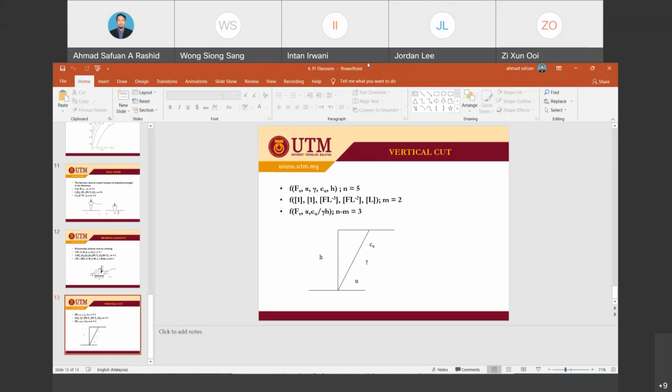Now we have software, so it is easy to carry out a parametric study by changing the geometry or the soil property values, then we can develop what we call a dimensionless design chart. For my case, I ran more than 2,000 analyses using software and then came up with the dimensionless design chart.